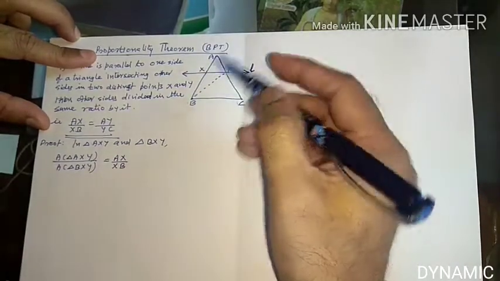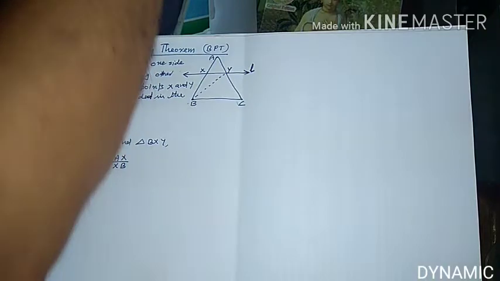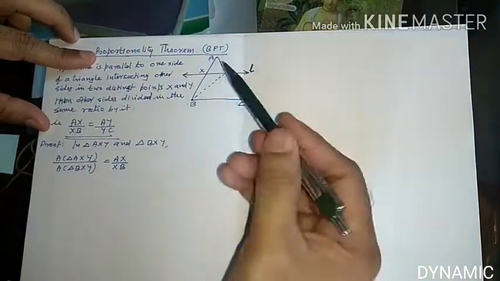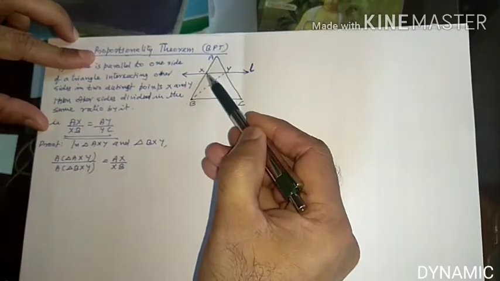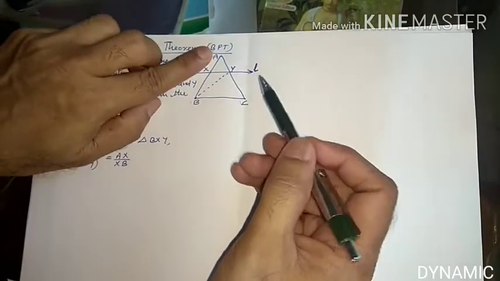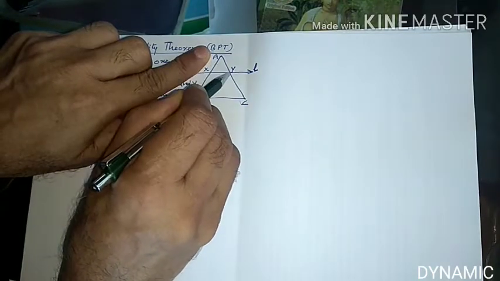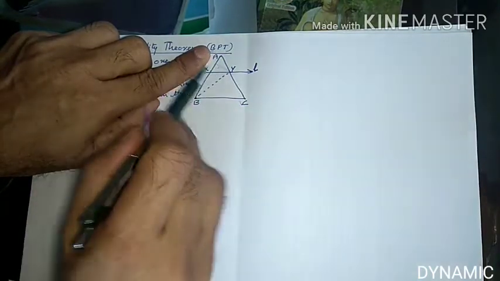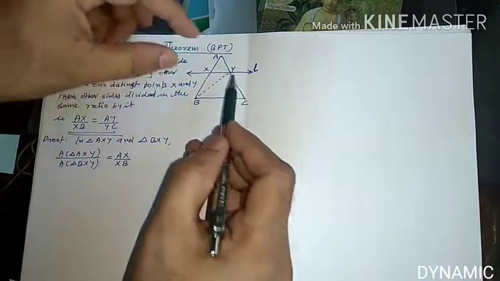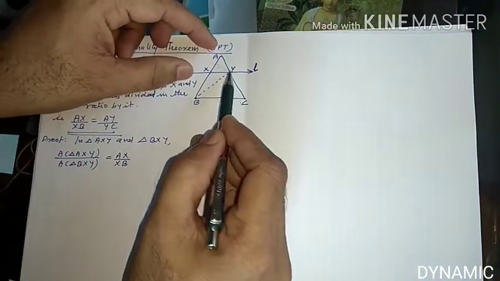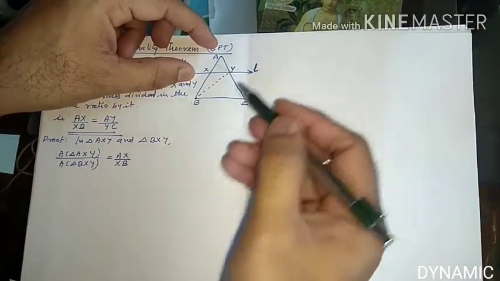See, these are the bases. Height is from here; from here we draw a perpendicular like this. In triangle AXY, if AX is the base, height is from the third vertex Y, perpendicular drawn from here. That is the height.